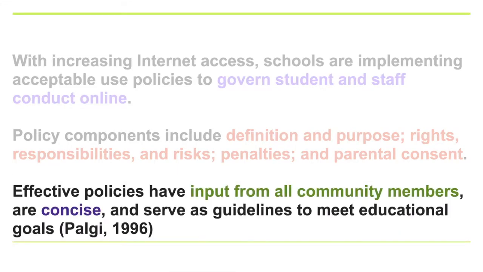If a school wants to make an effective AUP, then it must have input from all community members. We have to make it concise so that it is easily accessible, understood by all members of the school community, and serves as a guideline to meet educational goals.